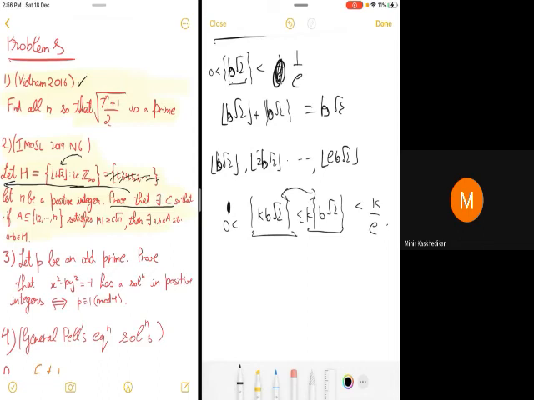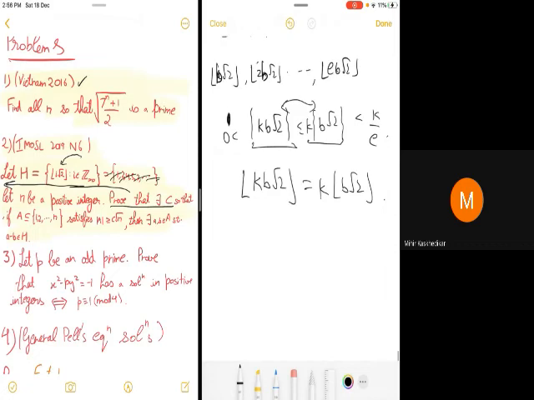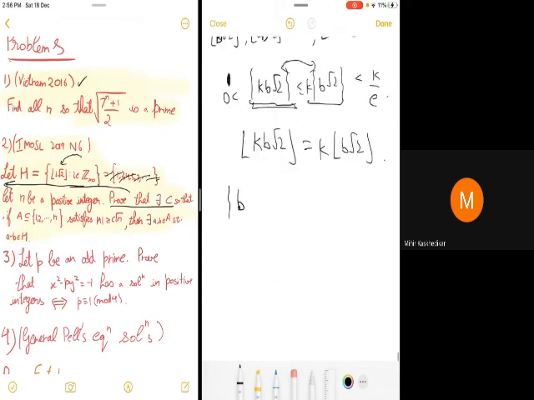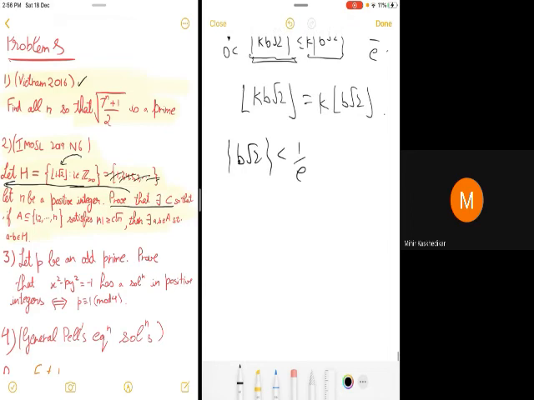So the integer part of k b root 2 is just k times the integer part of b root 2, because if we have this thing, then the fractional part equals k times.